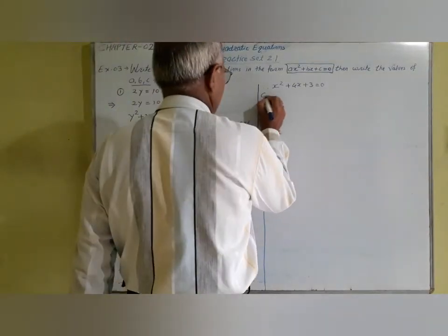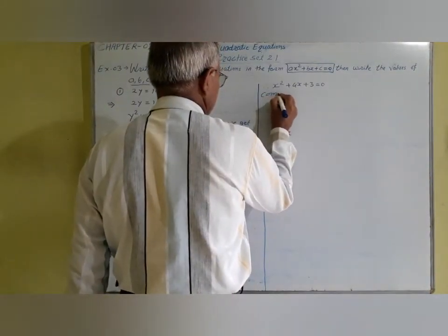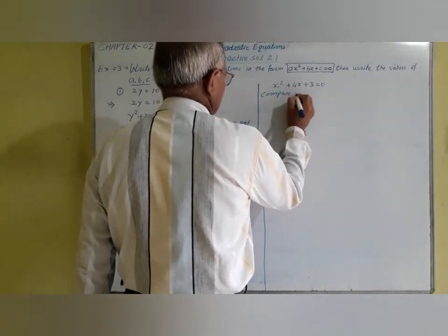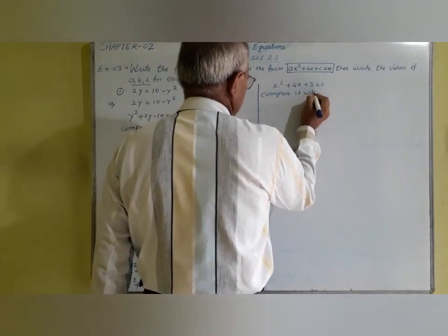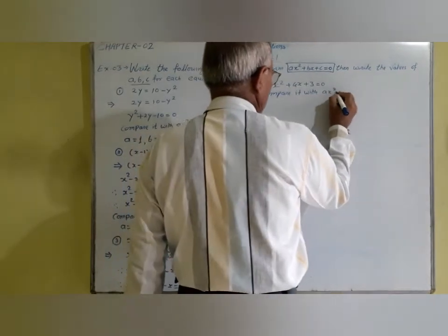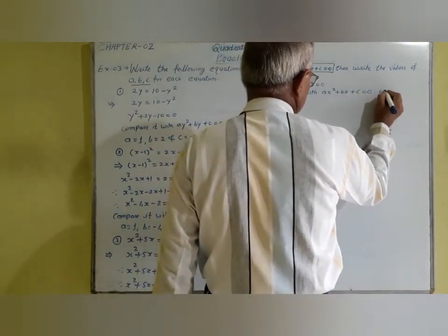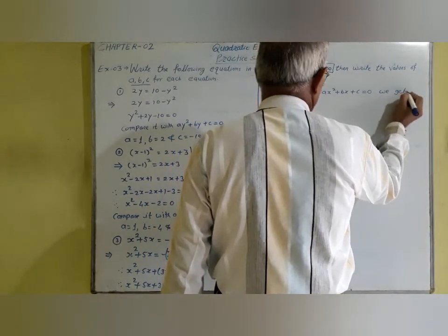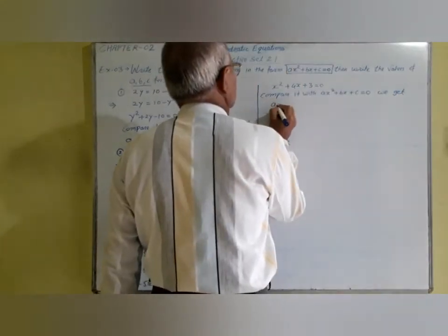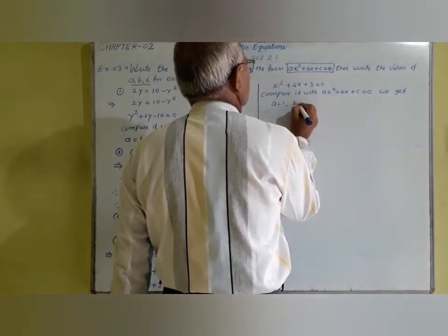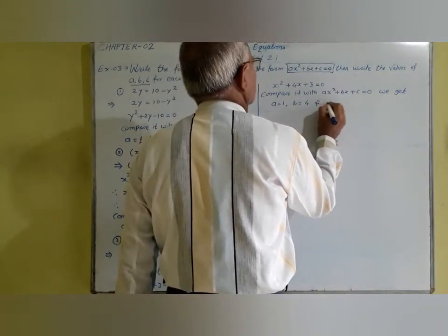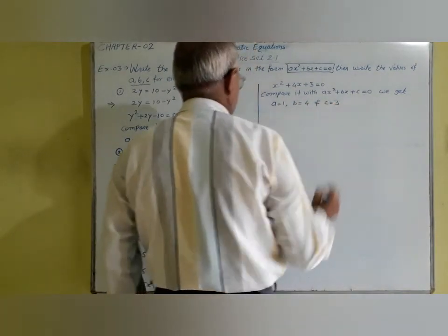Now compare it with ax square plus bx plus c is equal to 0. We get a is equal to 1, b is equal to 4 and c is equal to 3.